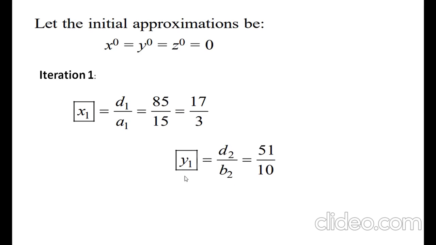For the second equation, it will be d2 by b2, which is equivalent to 51 by 10. For the third equation, it will be d3 upon c3, which is 5 upon 8. Here the remaining terms are missing because the initial values of x0, y0 and z0 are 0.